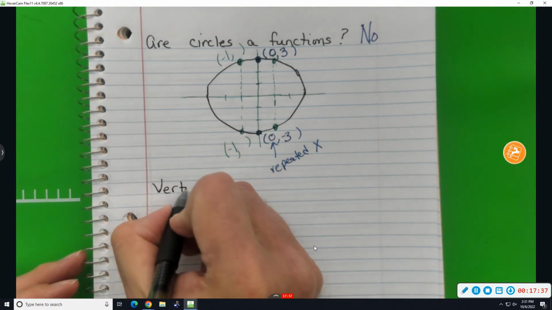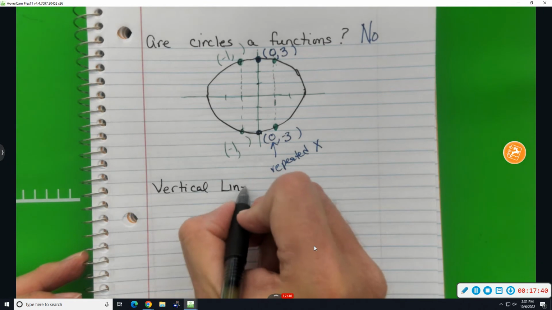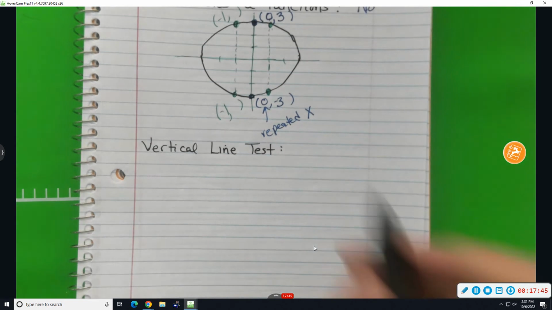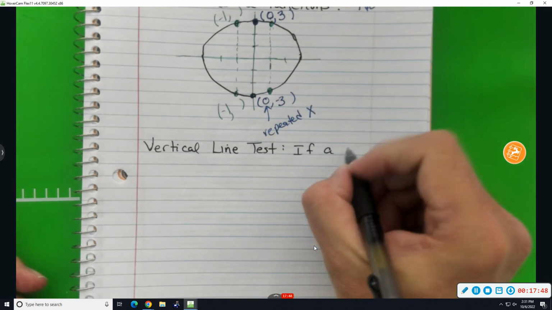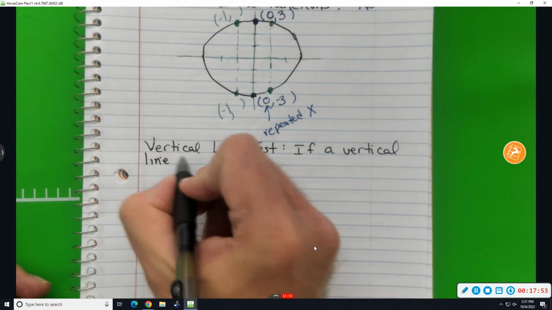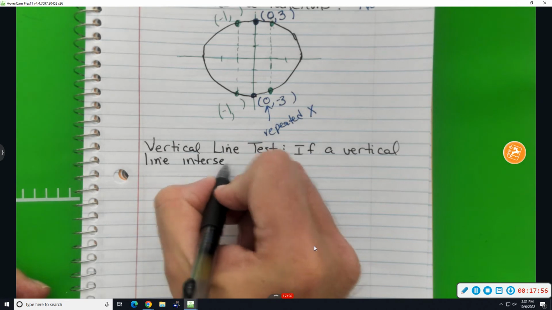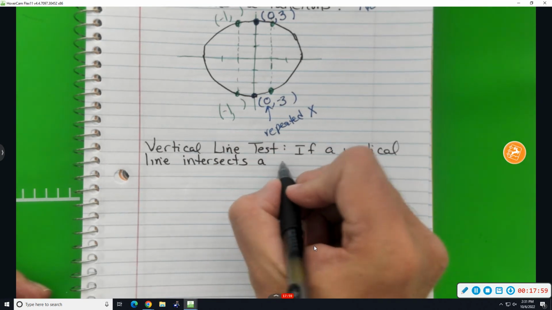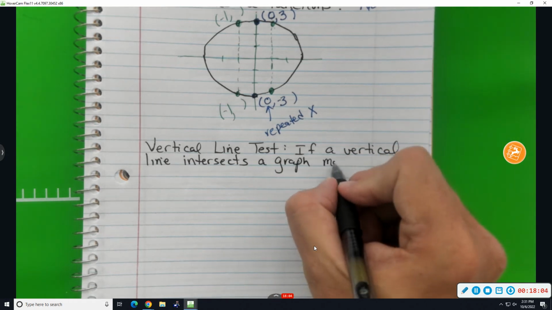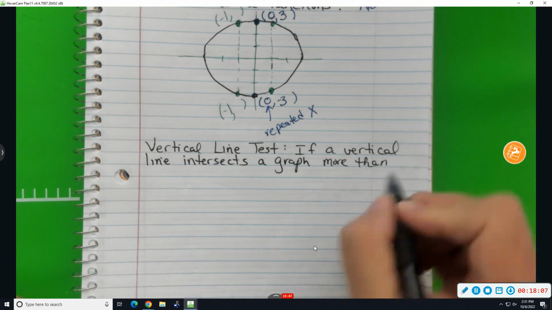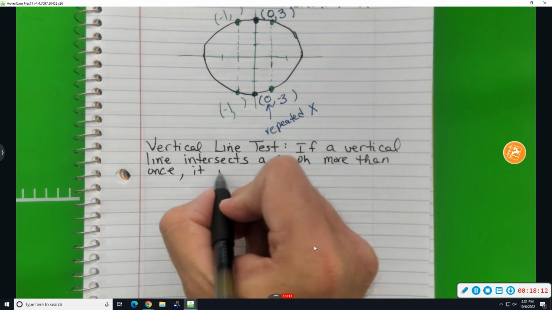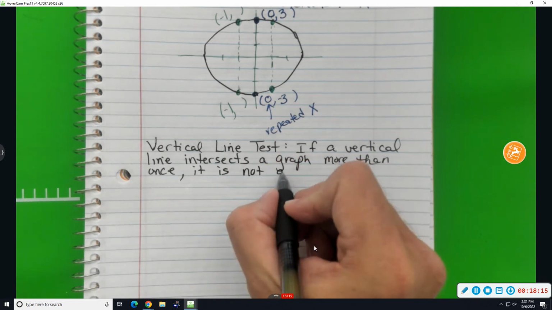There's something in algebra called the vertical line test. If a vertical line intersects a graph more than once, so in this case twice, it is not a function.